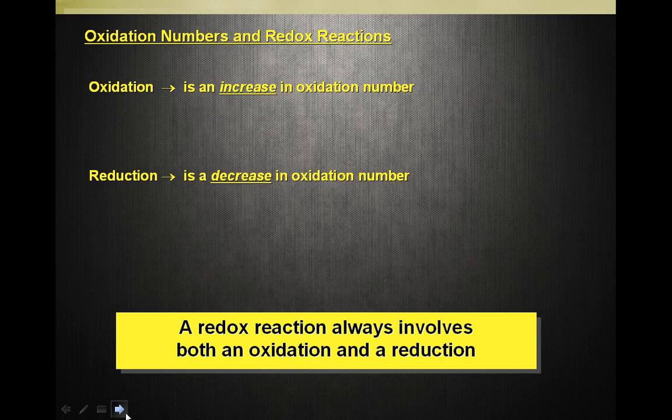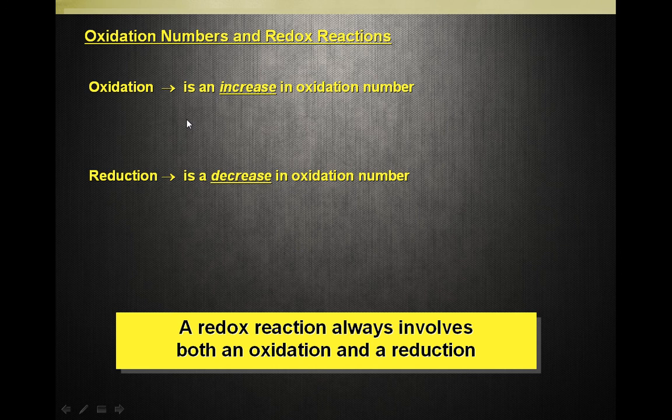Now, one thing we're going to be checking is oxidation and reduction. And sometimes people get confused about what you're allowed to have as an oxidation. So let's take a look at this. As it says there, an oxidation is an increase in oxidation number.